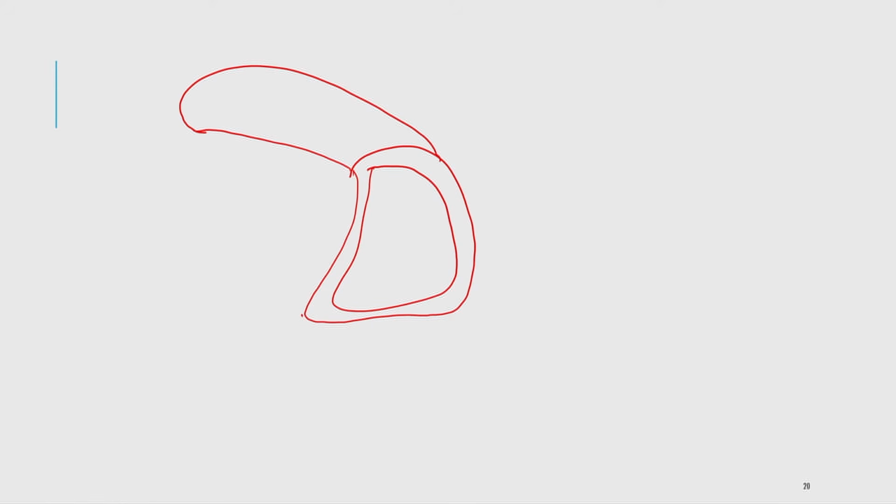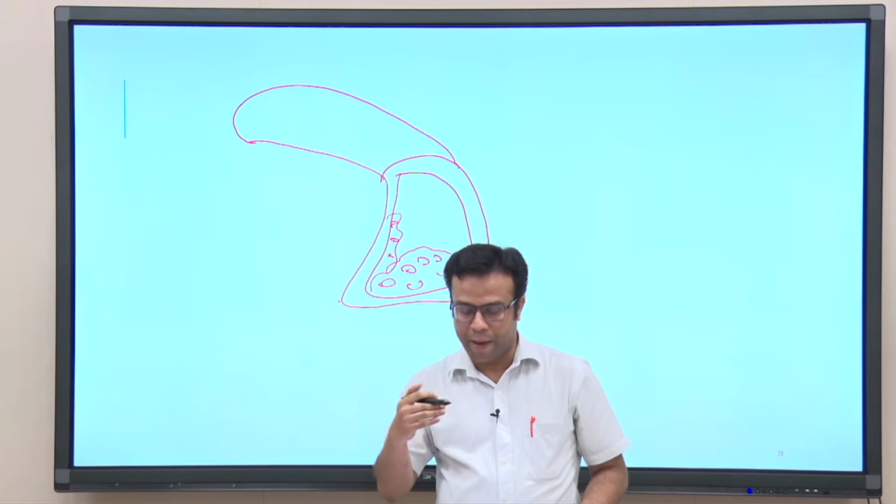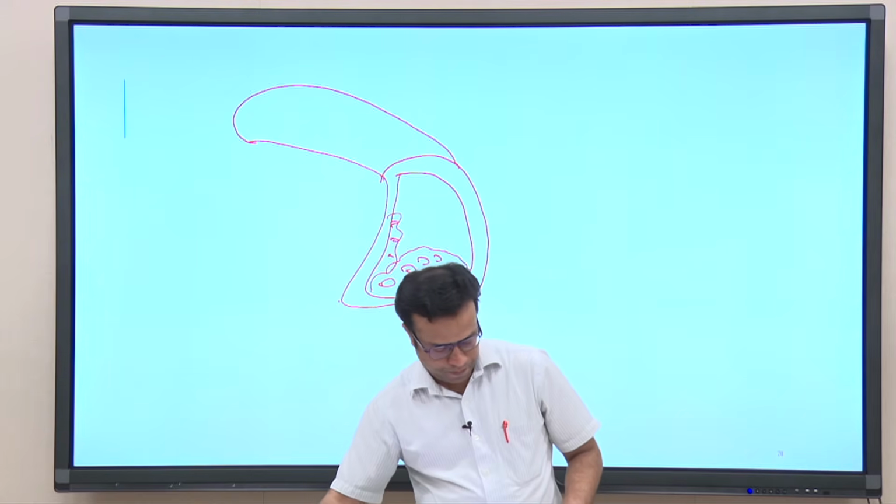So, this is a normal arterial opening of the artery, but when atherosclerosis happens, these fatty cholesterols or patches kind of get built up around this artery, and as a result the area for the flow of the blood decreases, which further increases the blood pressure. So, this is how atherosclerosis happens in the arterial wall.